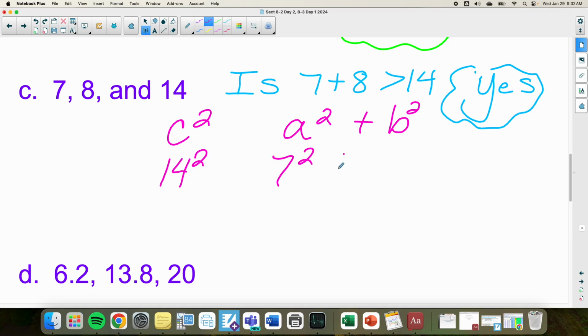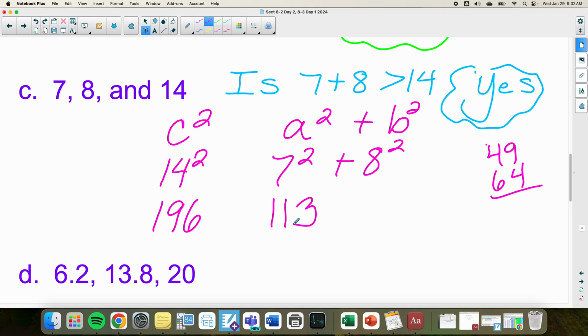A is 7 squared, B is 8 squared, or vice versa there. Now, 14 squared is 196. 7 squared is 49. 8 squared is 64. So that would be 113. So here we have greater than. And if we have greater than, what kind is it? Obtuse. Okay.